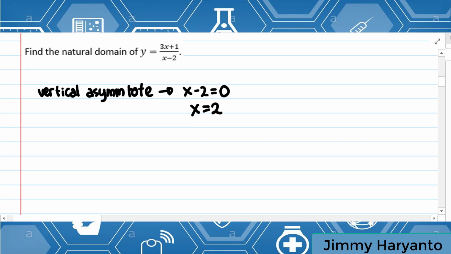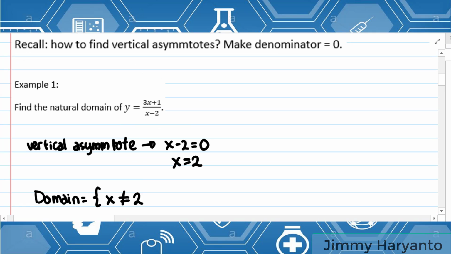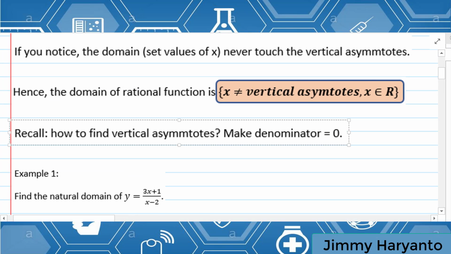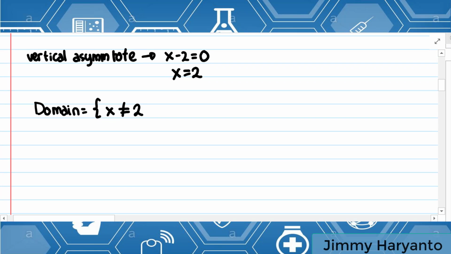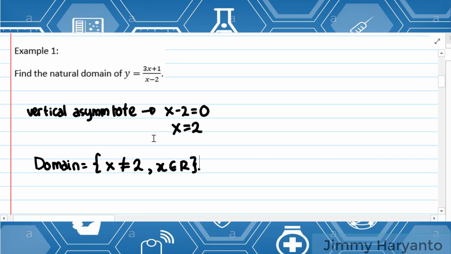This one is the vertical asymptote, and the domain of the function will be x cannot be 2, because the concept is x cannot be the vertical asymptote, so x cannot be 2, comma, x is in the reals. Then you can answer all of the questions about rational function domain.